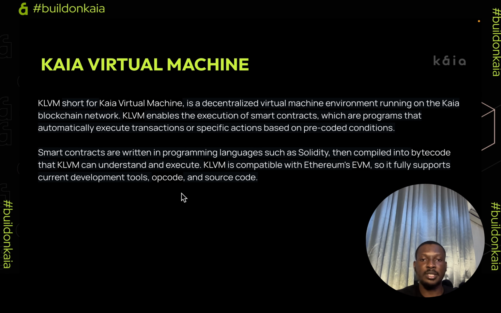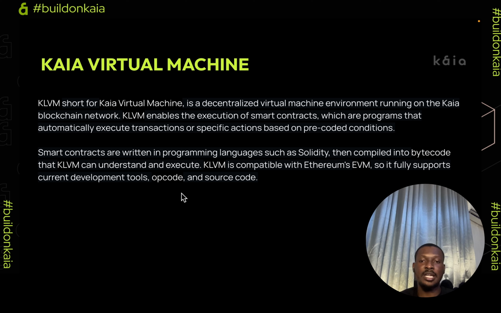So we have understanding KLVM. KLVM means Kaya Virtual Machine. This is the runtime environment for executing smart contracts on the blockchain. Your smart contracts are programs that have conditions that are executed based on what has been specified in the smart contract, and for this to execute properly, it makes use of the Kaya virtual machine.